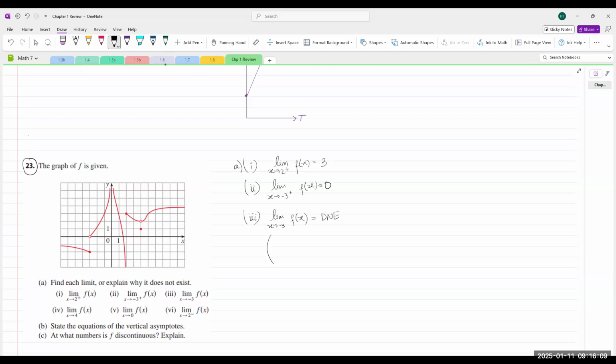It does not exist because the left-hand limit of f(x) is -2, which is not equal to the right-hand limit as x approaches -3 from the right-hand side, which is 0.